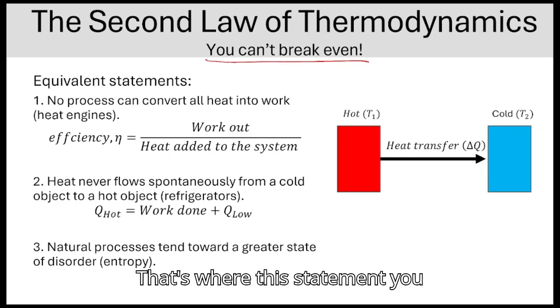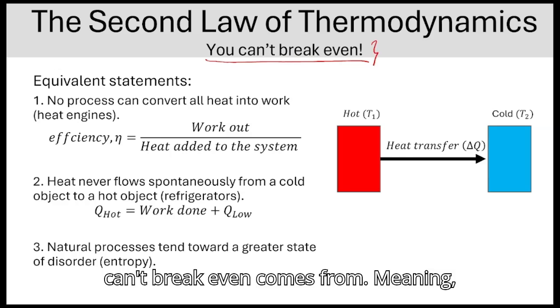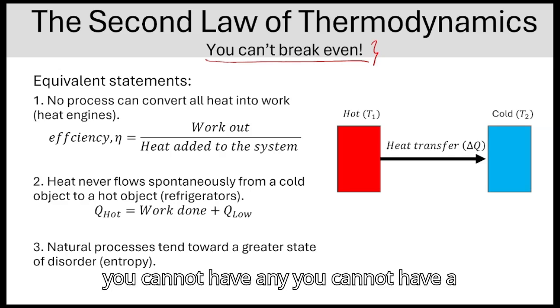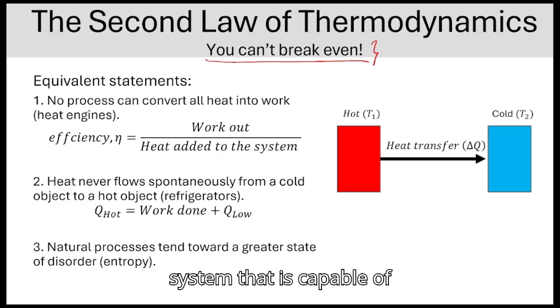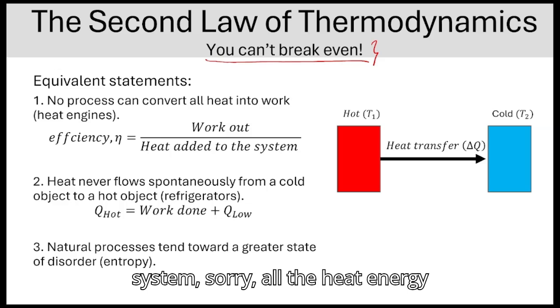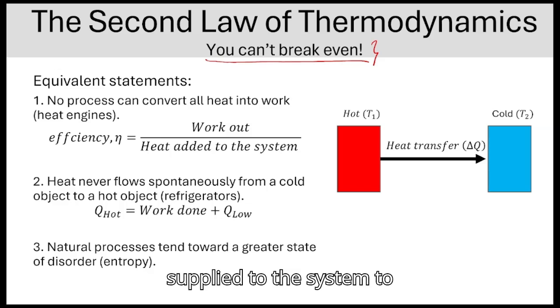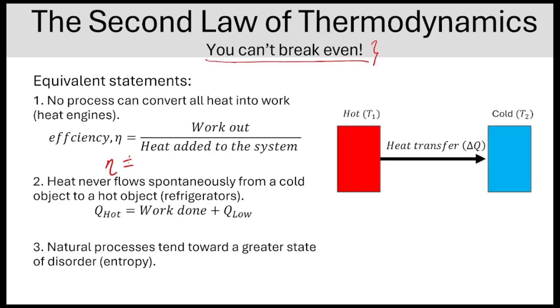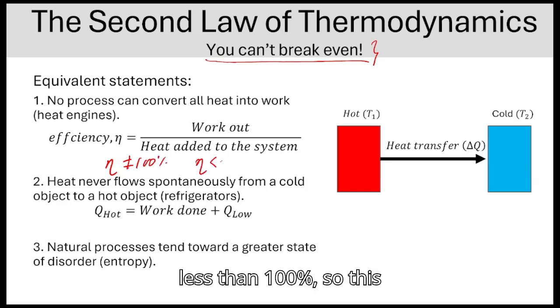That's where this statement "you can't break even" comes from, meaning you cannot have a system that is capable of converting all the heat energy supplied to the system into work. Basically efficiency cannot be 100%, it will always be less than 100%.